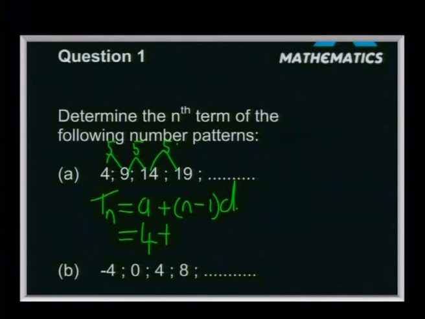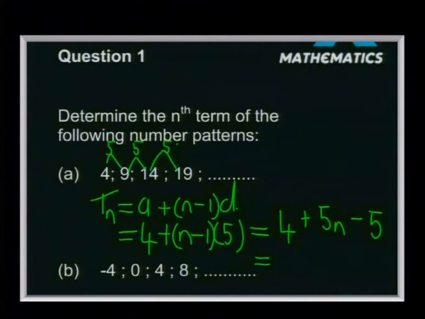Remember, if we're getting the nth term, we don't substitute anything in the place of n. d, however, is 5. And when you multiply this out, we're going to get 4 plus 5n minus 5. So the nth term, if we simplify it as far as possible, is 5n minus 1.